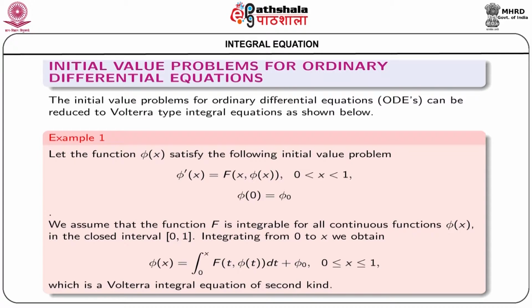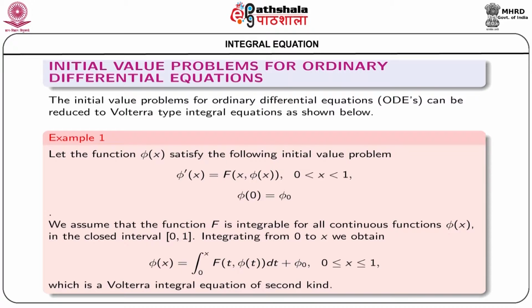This is a first order differential equation, and we assume that the function capital F is integrable for all continuous functions small phi x in the closed interval 0, 1.